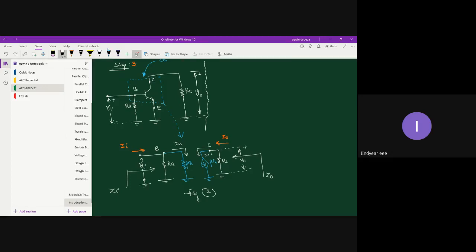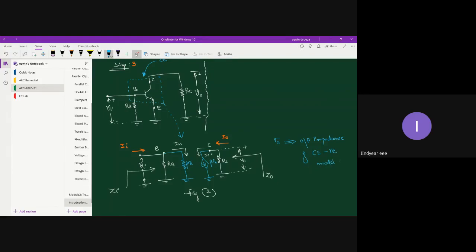Now, sometimes in problems, they will also ask you to consider r0. What is r0? r0 is the output impedance of the CE re model.